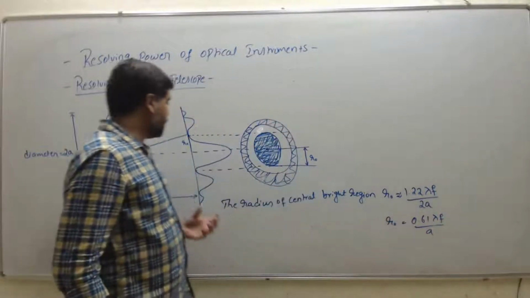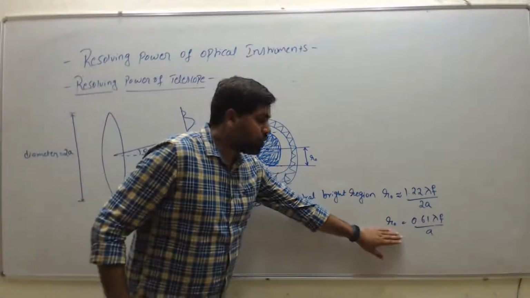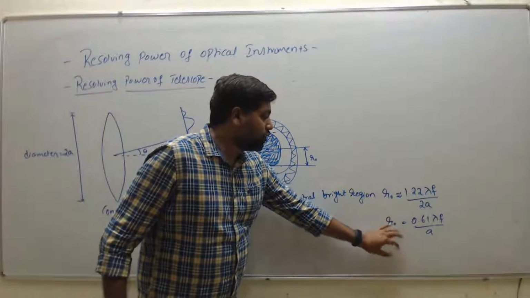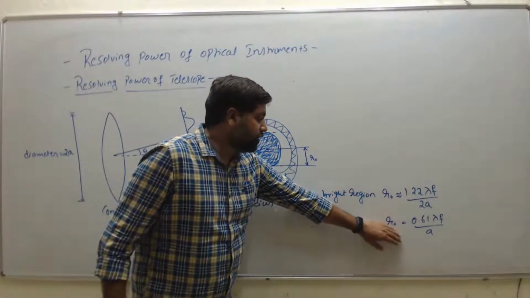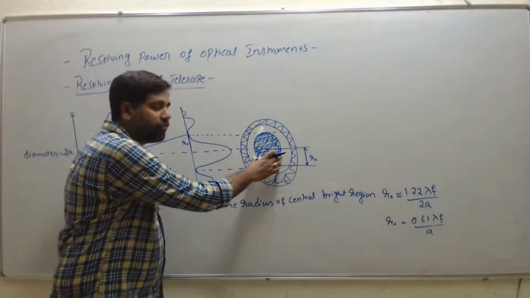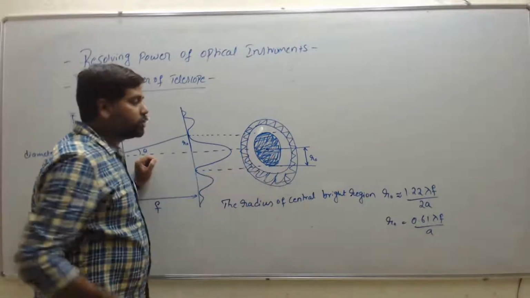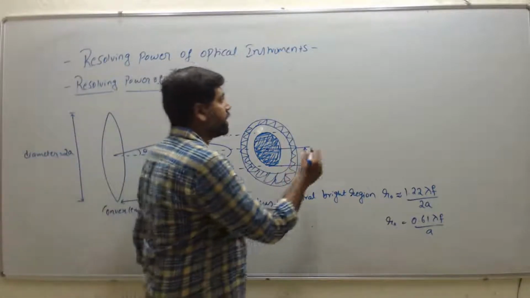The aperture of the convex lens is small, then we get the r naught value also very small, in terms of micrometers or nanometers. This means the radius of the central bright fringe is very small, so it acts like a point object.